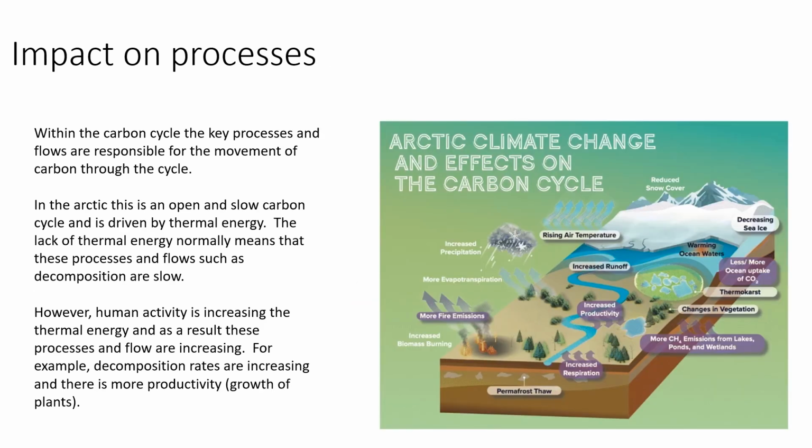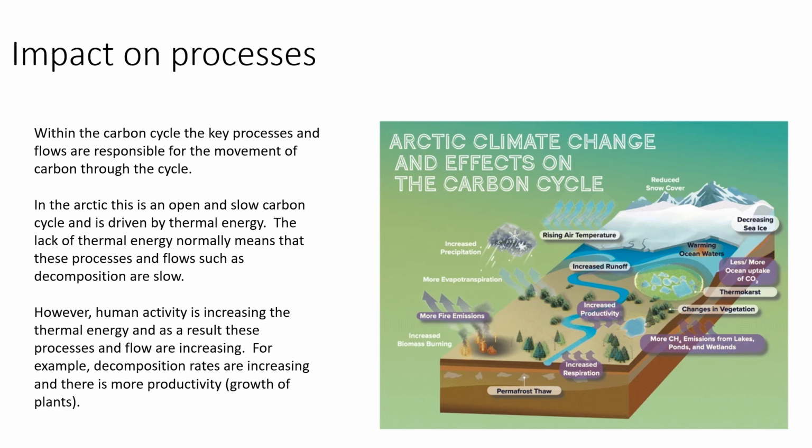If we think a little bit about the carbon cycle, as this environment is warming, that permafrost, particularly the active layer, is melting and it is releasing stored carbon, particularly in the form of methane, into the atmosphere. So we have much more taking place in terms of the movement within the carbon cycle.